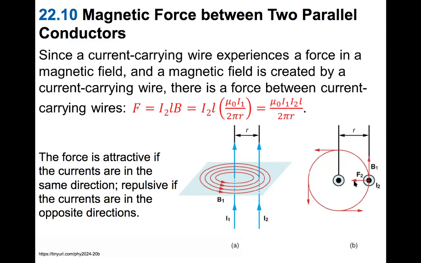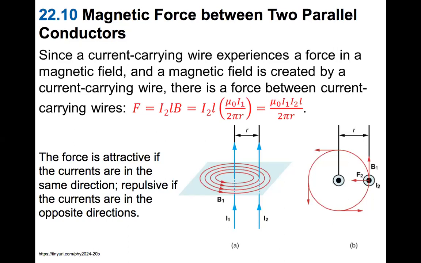So you can see the direction of that. In this case, you have two wires carrying current in the same direction, parallel to each other. So the force one exerts on the other will be an attractive force.